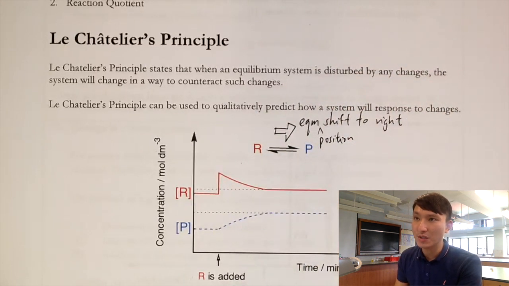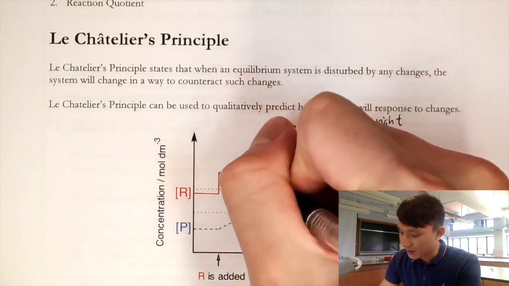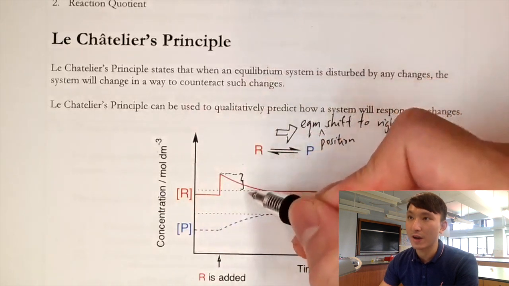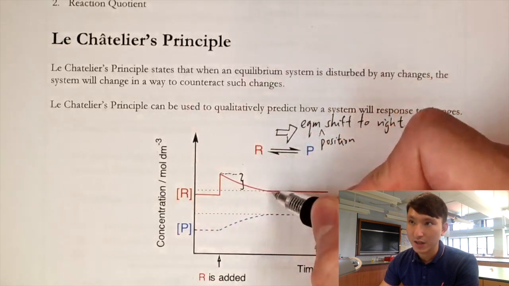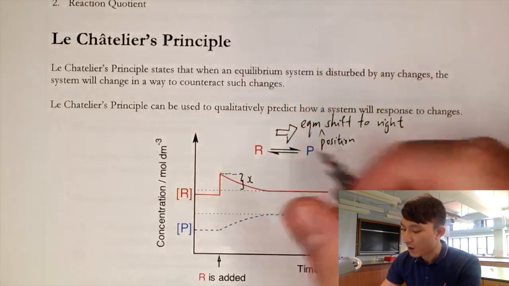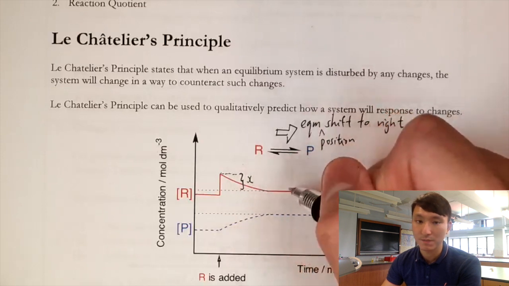Now, you also notice another thing, which is the extent of changes. This is the moment where R is added, and this is the part where the new equilibrium is reached, and there's altogether X amount of R being consumed during this period of time, right?